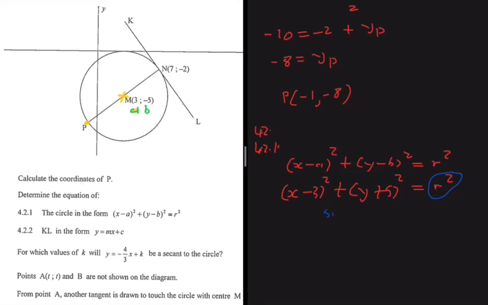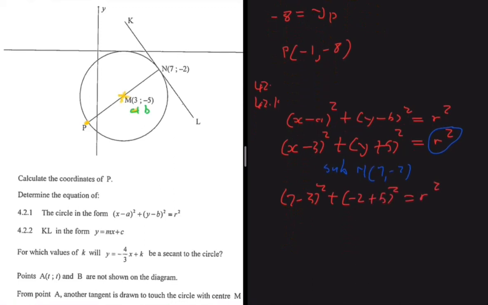So if we sub in N of coordinate 7 and minus 2, we're gonna get 7 minus 3 squared plus y is minus 2, so we're gonna get minus 2 plus 5 squared being equal to r squared, right?